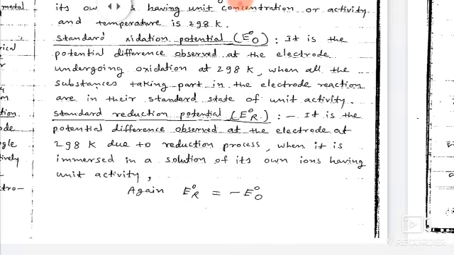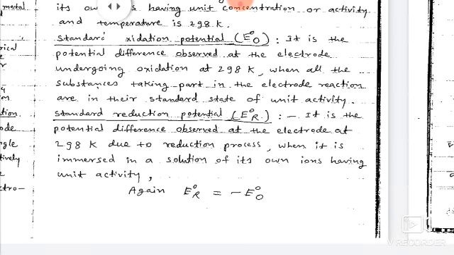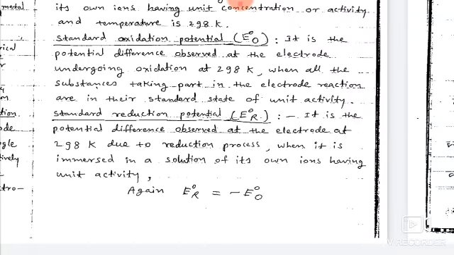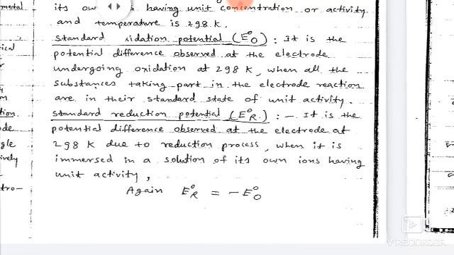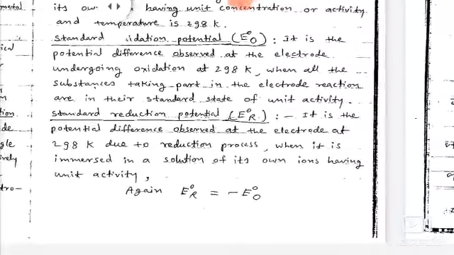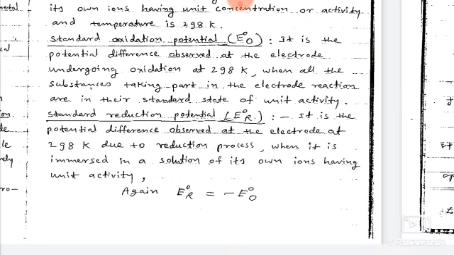Then standard reduction potential, E naught R, is the potential difference observed at the electrode at 298 degree Kelvin due to the reduction process when it is immersed in the solution of its own ions having unit activity.